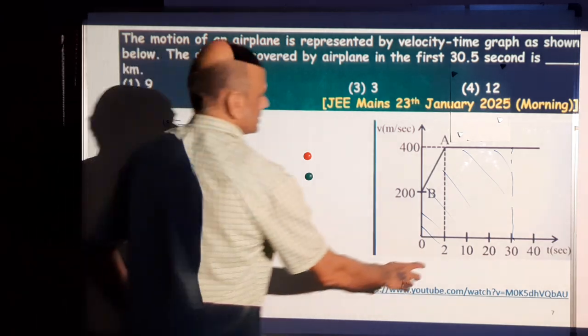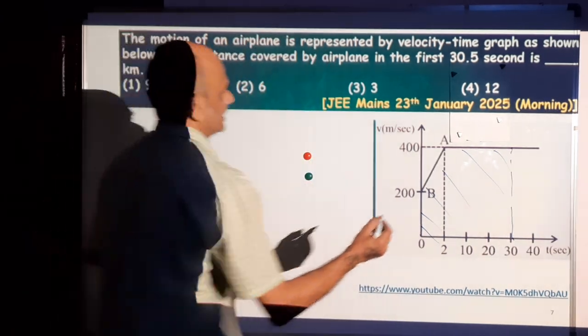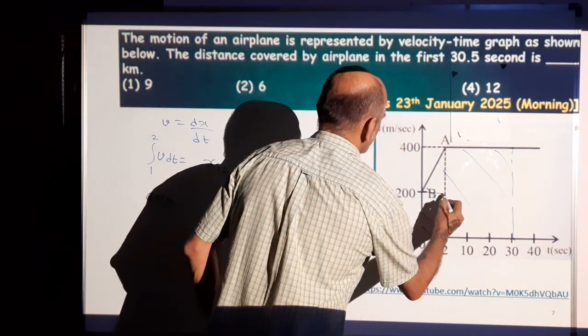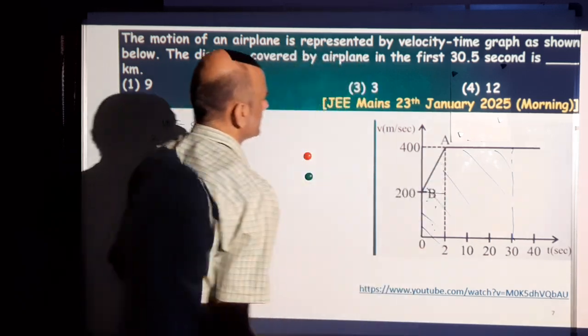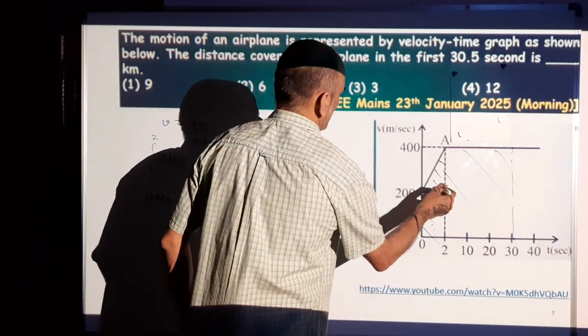So the area from 0 to 2, I can find out like this. This rectangular area plus this triangular area, the top triangle.